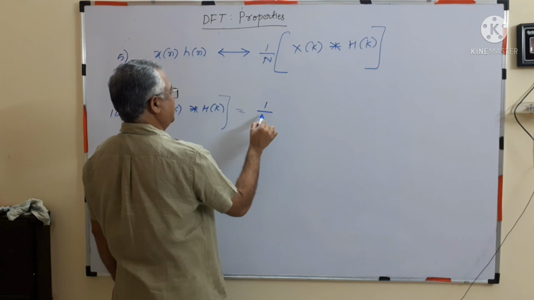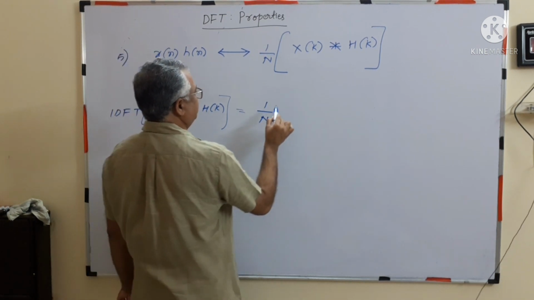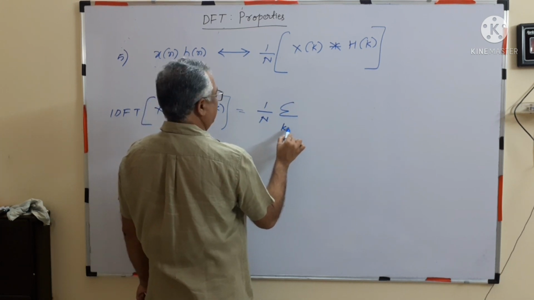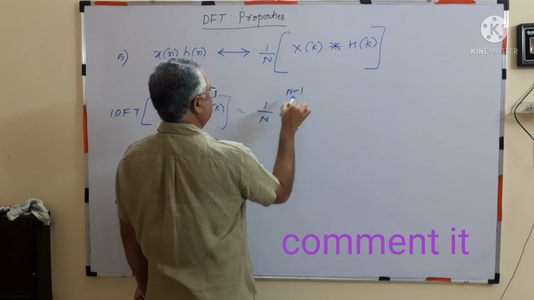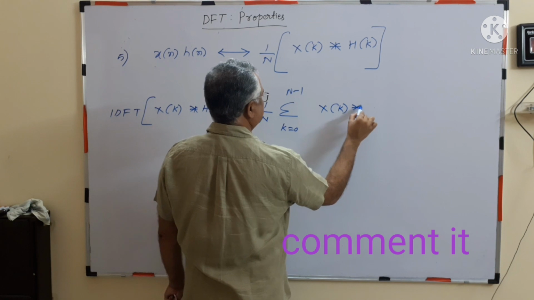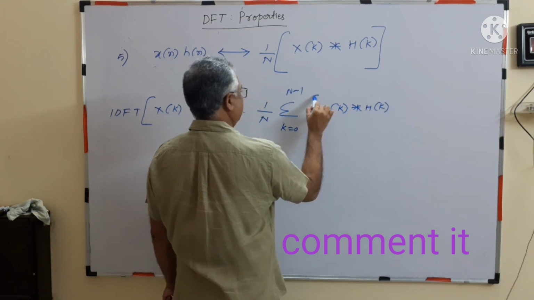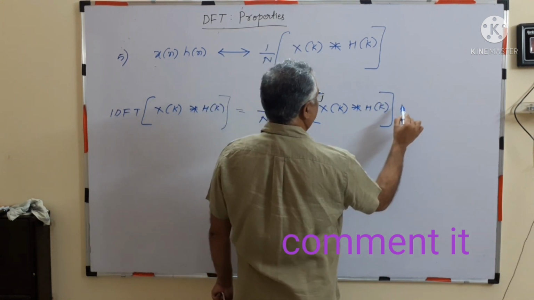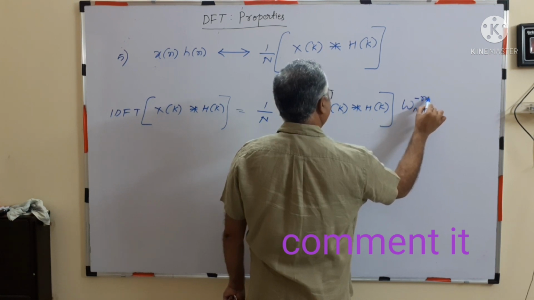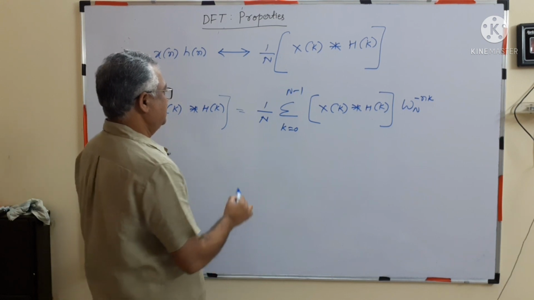IDFT formula: 1 by N, sigma k equal to 0 to N minus 1, X of k star H of k, into W_N^(-nk). Just the formula, the IDFT formula every time.